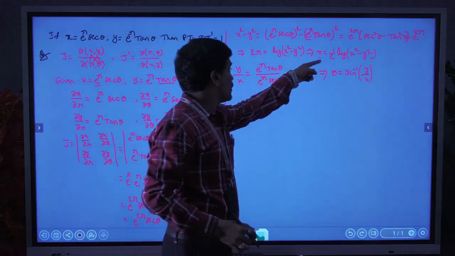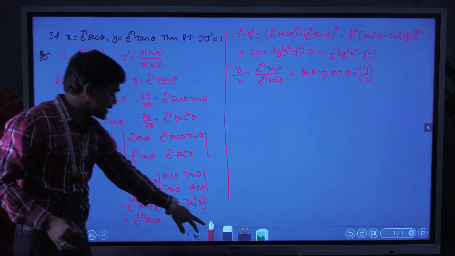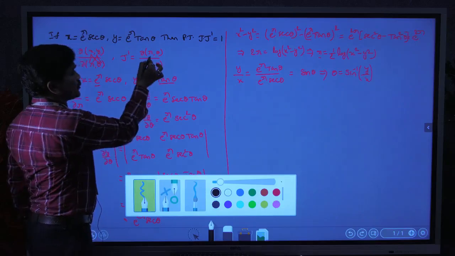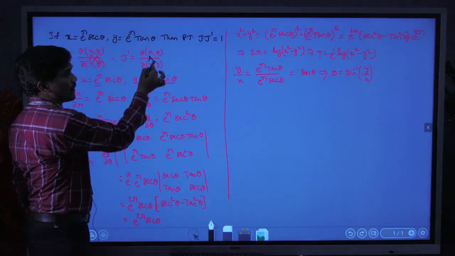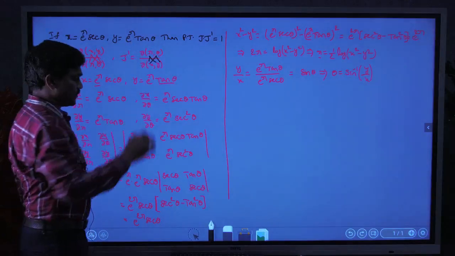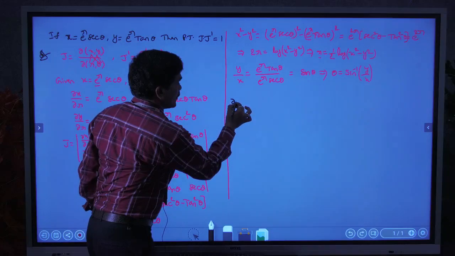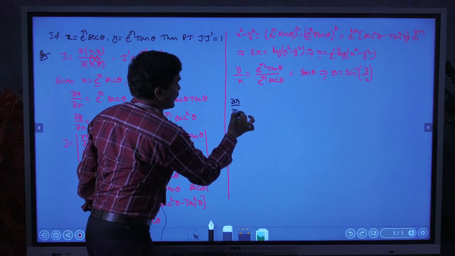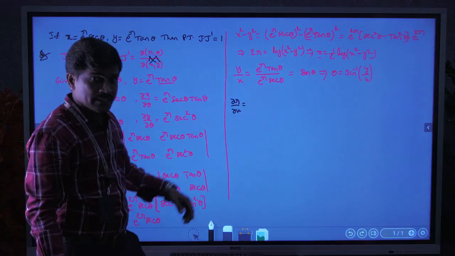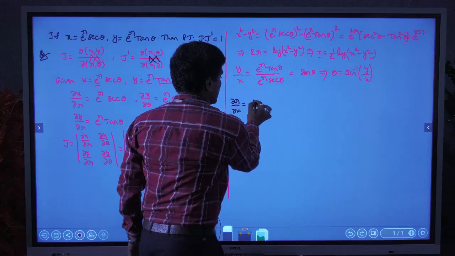Now calculate ∂(r,θ)/∂(x,y). That means ∂r/∂x, ∂r/∂y, ∂θ/∂x, ∂θ/∂y, right? Now calculate ∂r/∂x. What is r? Here r is 1/2 log of (x squared minus y squared) with respect to x.